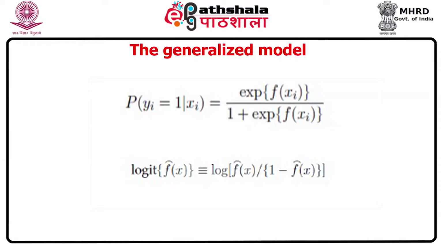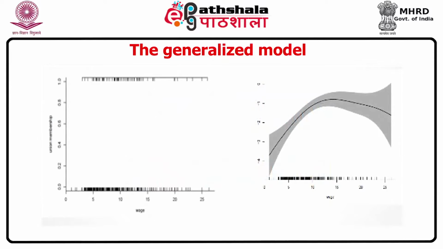So we have almost defined the generalized additive model. The model which I have shown in my earlier slide has been applied to a dataset predicting union membership with wage.